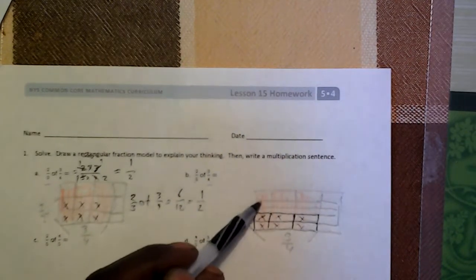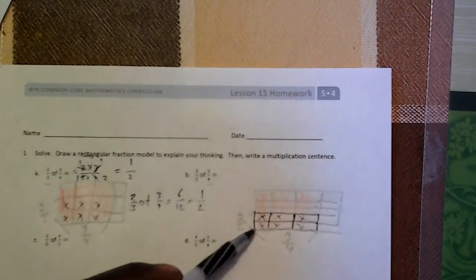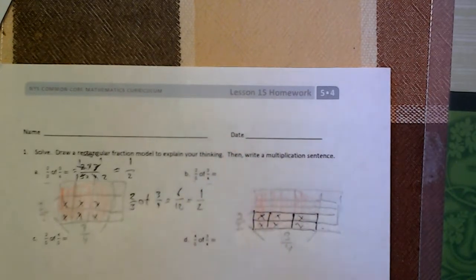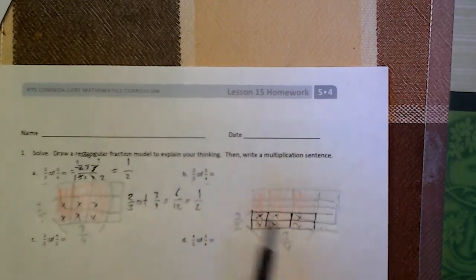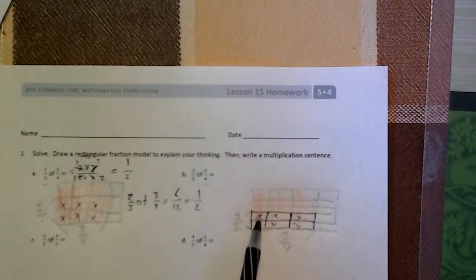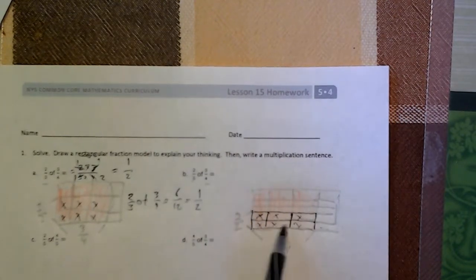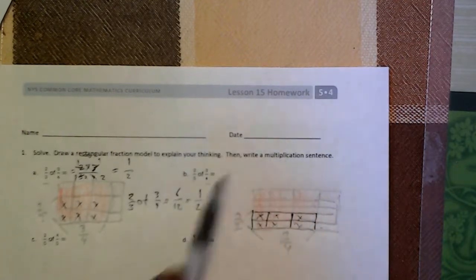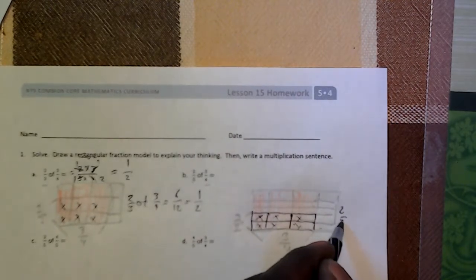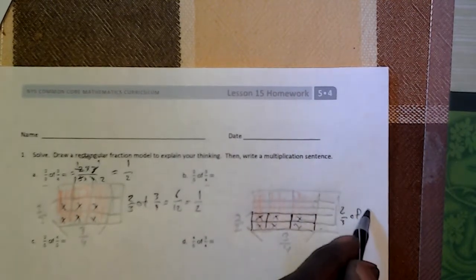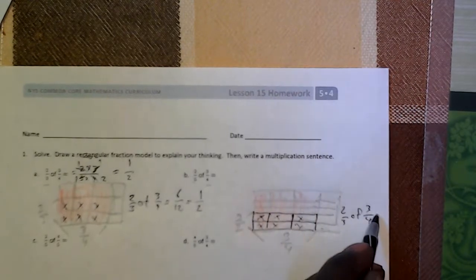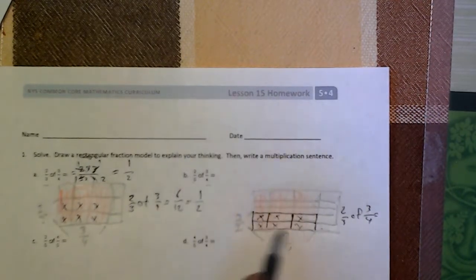Okay, so now we need to count how many boxes, but remember it's easier to multiply, so we know we have 1, 2, 3, 4, 5 this way, and 1, 2, 3, 4. So we have 4 times 5, which is 20. So we know, and out of the 20 we have how many boxes? 1, 2, 3, 4, 5, 6. So we have 6 out of 20. So 2/5 of 3/4 equals, what do we say? 6/20.